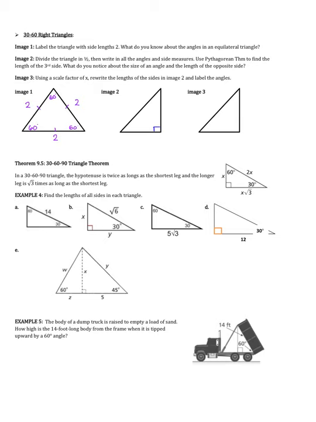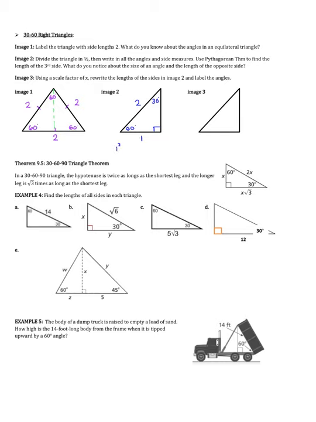When I cut it in half, this is still 2, the base now here is 1. This bottom angle is still 60, but the top angle gets cut in half as 30 because we just drew a line right down the middle of that triangle. And we can use the Pythagorean theorem to figure out what the opposite side would be.